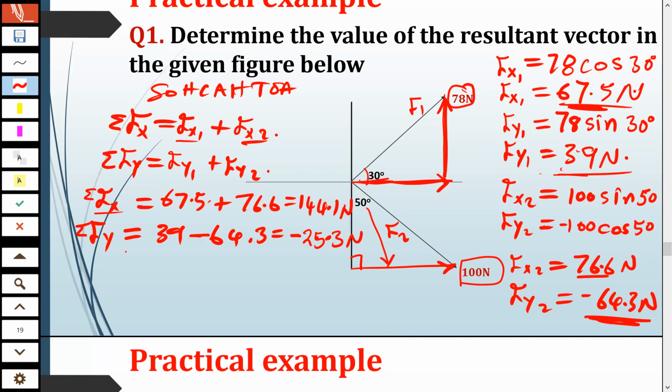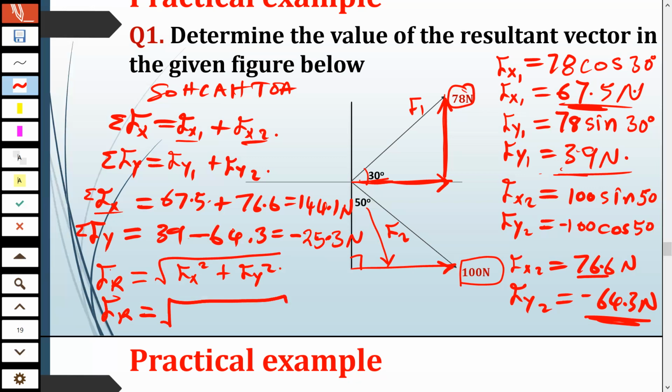So to find the resultant, FR, we have to say the square root of Fx squared plus Fy squared. So the resultant FR is therefore going to be the root of 144.1 squared plus negative 25.3 squared.